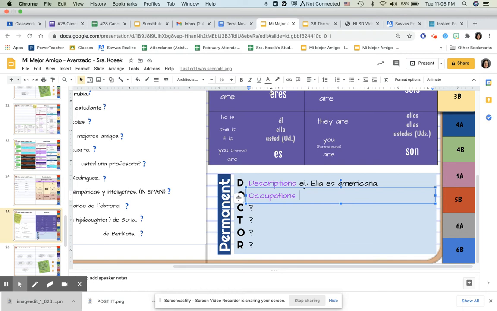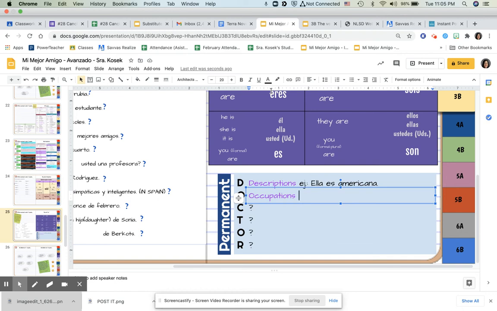Maybe you get paid for your grades, maybe you get paid to do chores. So that's your current occupation. And think about whatever your parents do. Maria is a doctor, Juan is a dentist, Lupe is a psychiatrist, Señor Kosek is a Spanish teacher. So again, it's what you do to make a living.